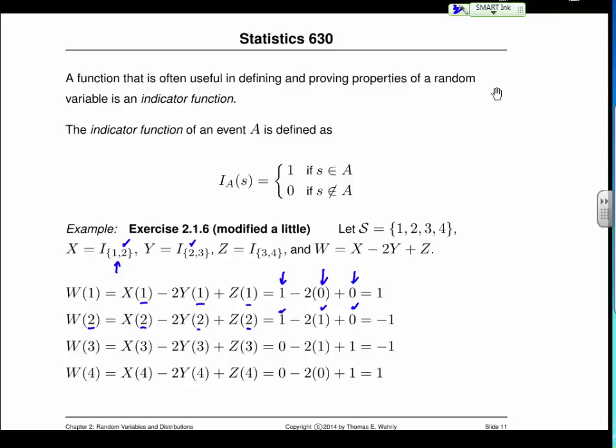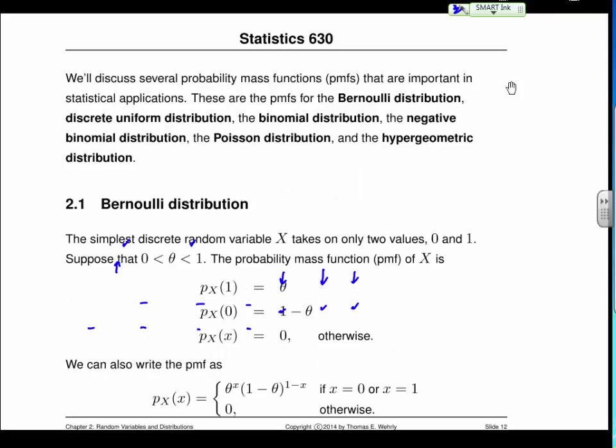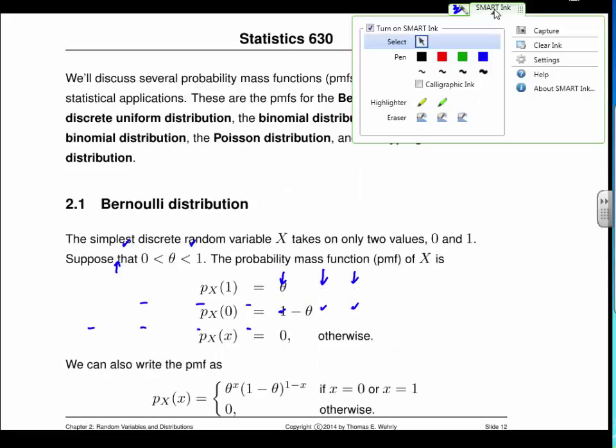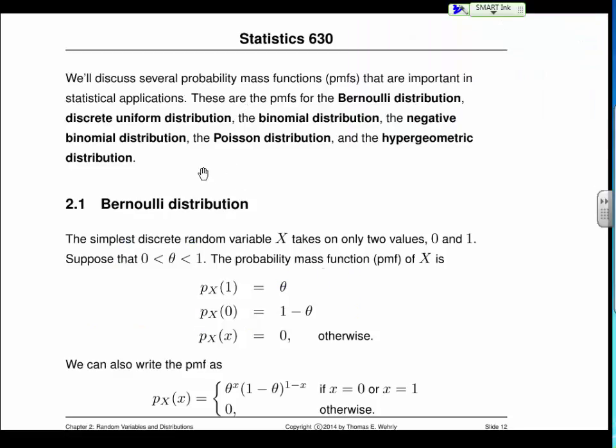Okay, so believe it or not, this is probably a good place to stop. So next time, what we'll do is look at what I would call the greatest hits of discrete distributions. I grew up listening to the radio, and every week we had the top 40 biggest hits.